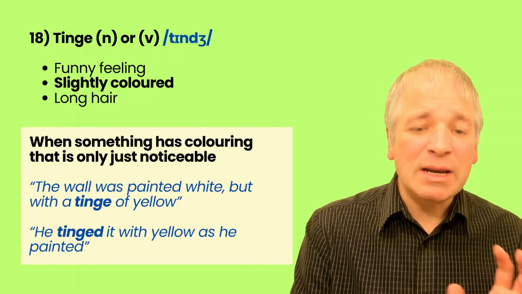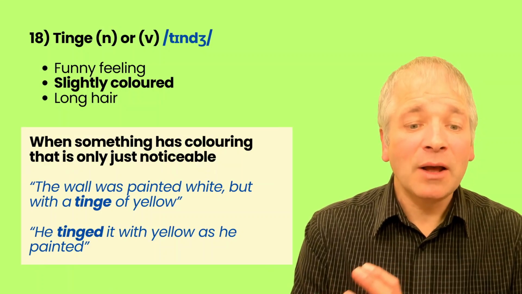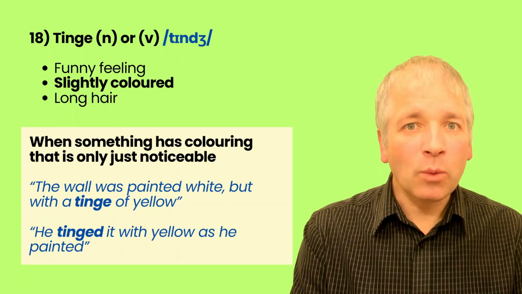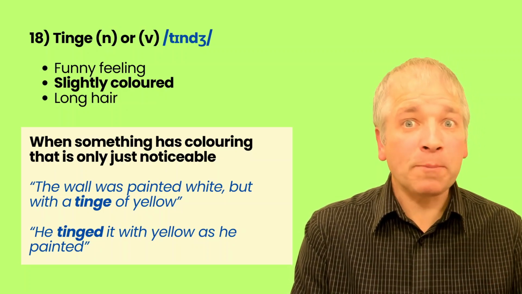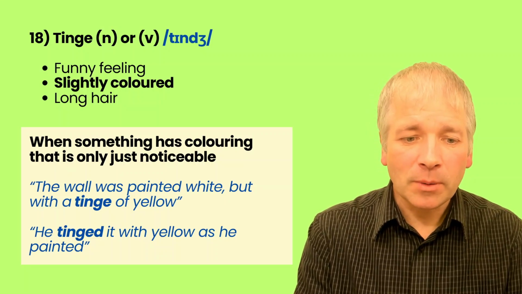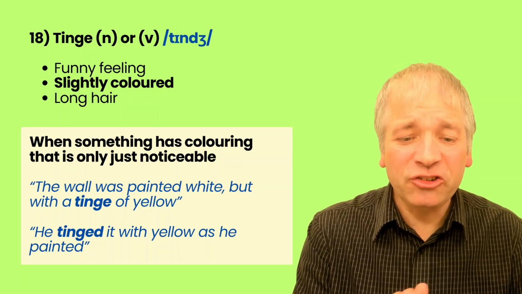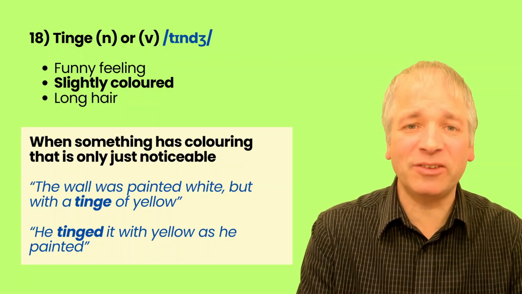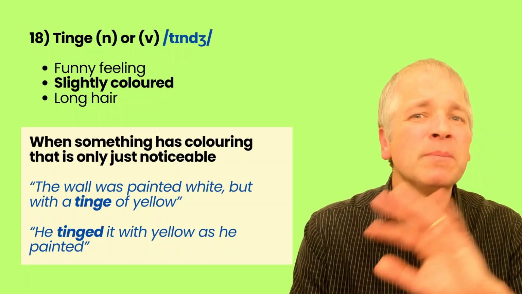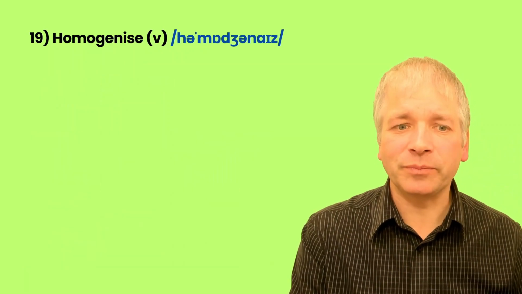And this means when something has colouring that is only just noticeable. The noun works like this. The wall was painted white, but with a tinge of yellow. But it could also be a verb. He tinged it with yellow as he painted. That means a very slight effect of yellow, but it was mainly white.